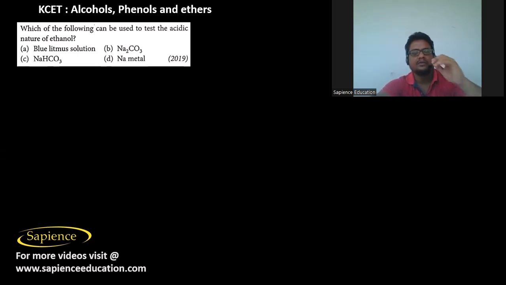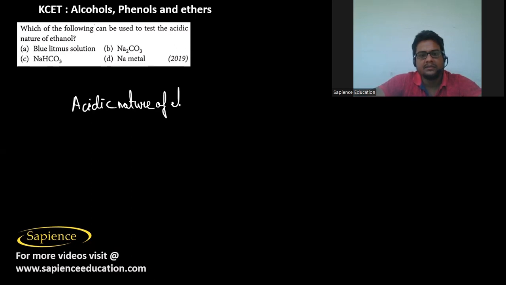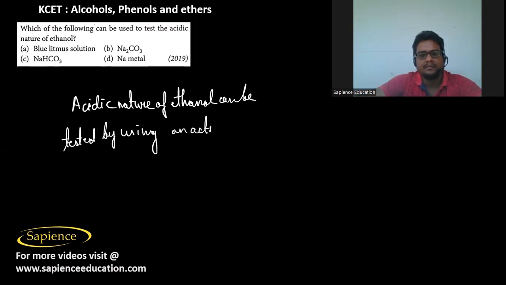Then it is asked, which of the following can be used to test the acidic nature of ethanol? The rule is that the acidic nature of ethanol can be tested by using an active metal like sodium.